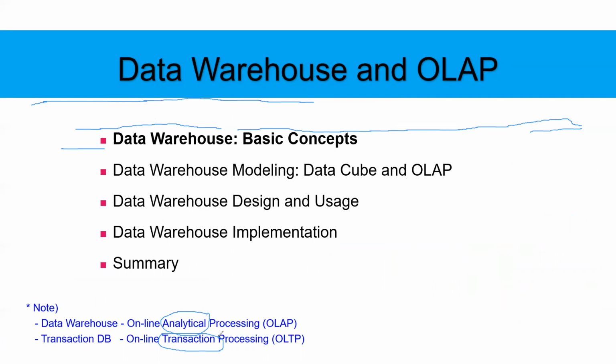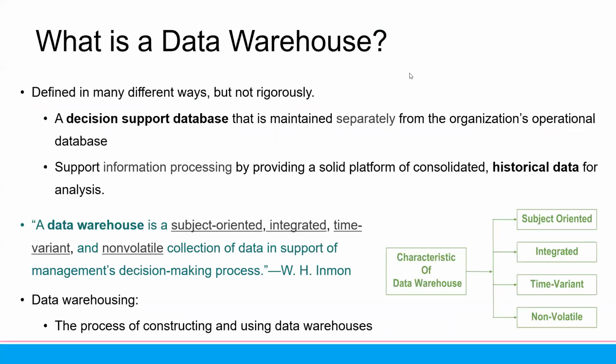The transaction will be for operation, mostly. But the OLAP is for the analysis, and it supports information processing by providing a solid platform of consolidated and historical data for analysis.